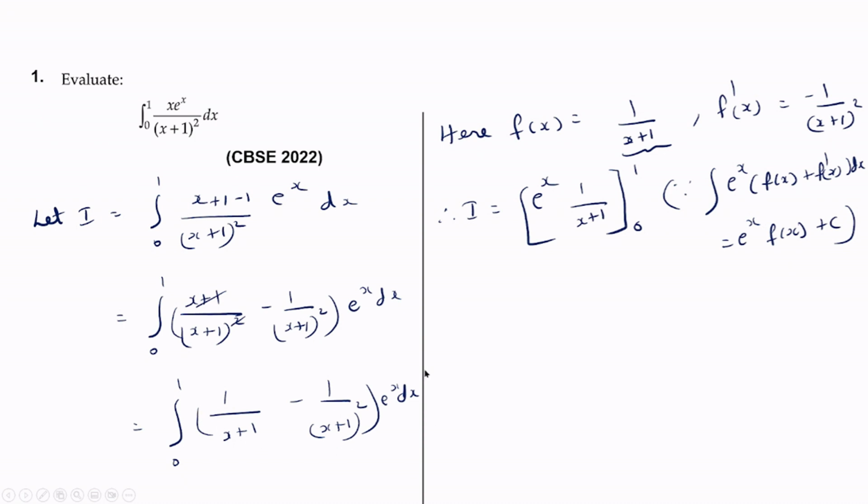So we have this integral as e raised to x upon (x plus 1) with the limits 0 to 1. If we substitute the upper limit, it is e raised to 1 by 1 plus 1, so it is e by 2, minus, if we substitute the lower limit, it is e raised to 0 by 0 plus 1, which is 1. Therefore, the value of the given integral is e by 2 minus 1. So this question carries 2 marks.